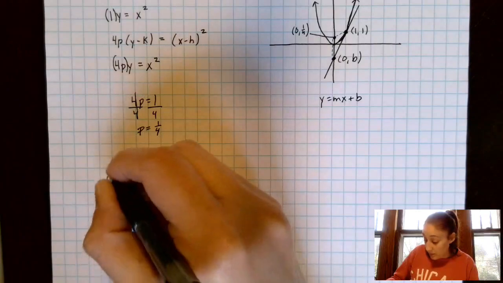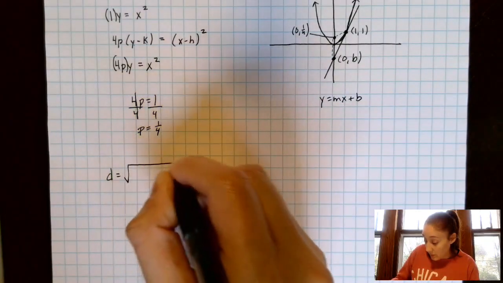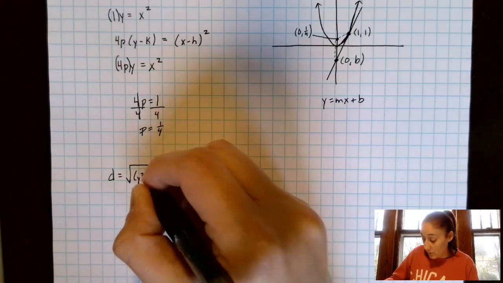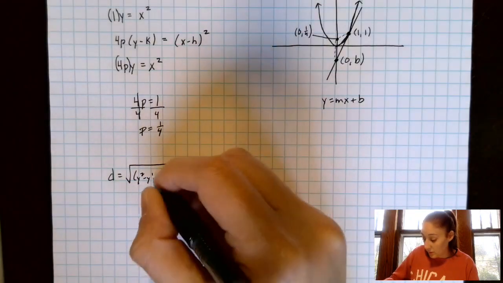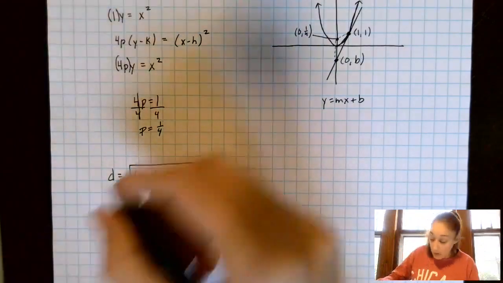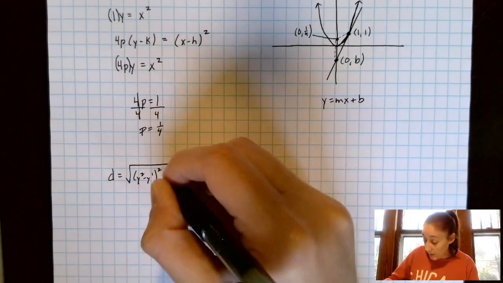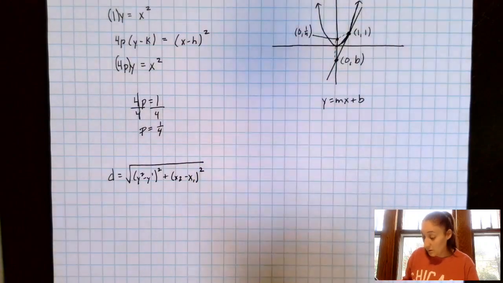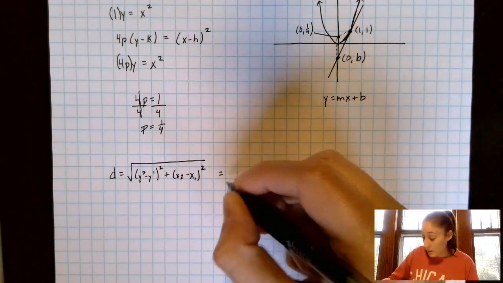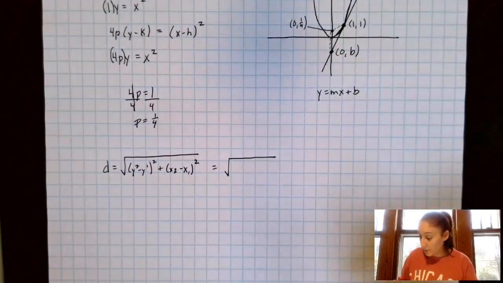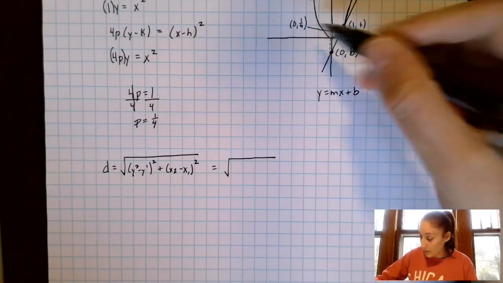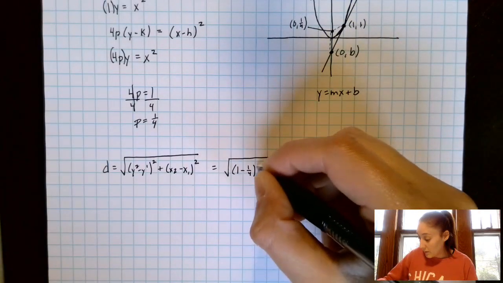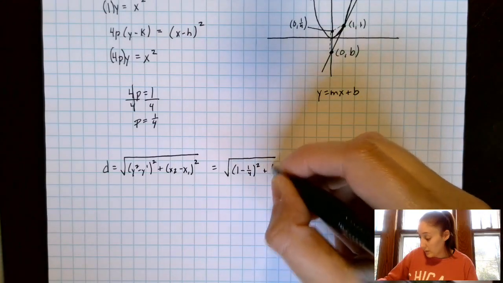So we're going to do distance equals the square root, right? And then I'm just going to do y2 minus y1. Oops, those actually should be subscripts. Squared plus x2 minus x1 squared. So my y is 1 minus 1/4 squared, and then plus my x's.